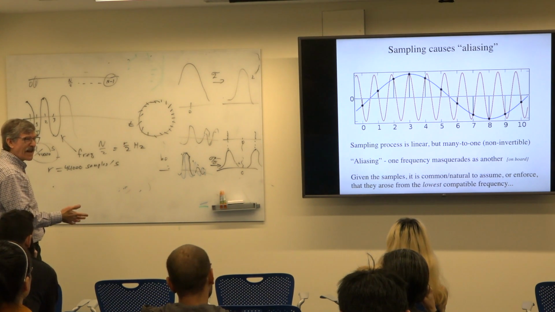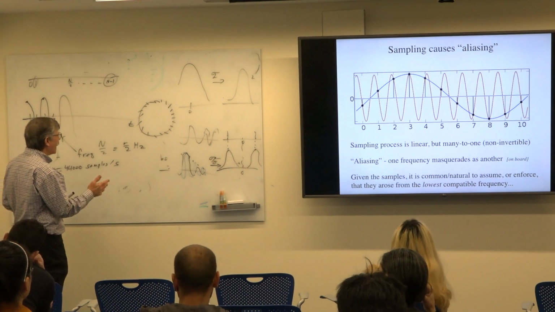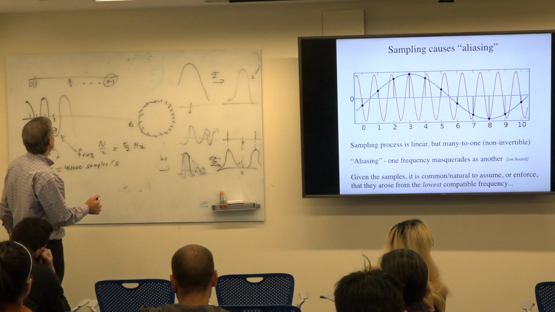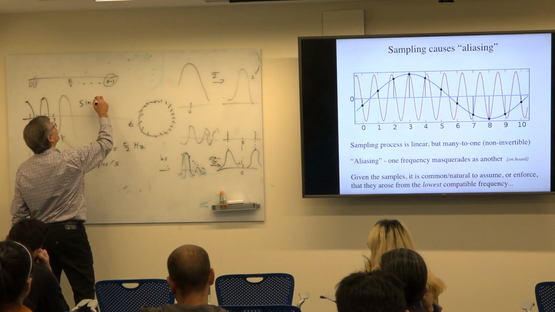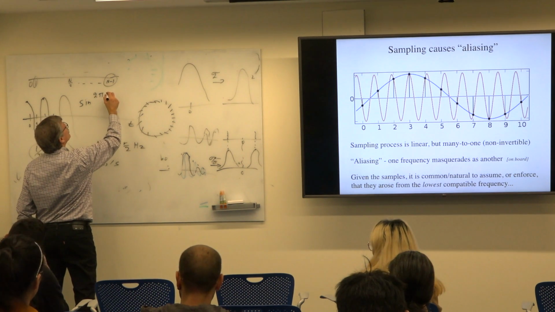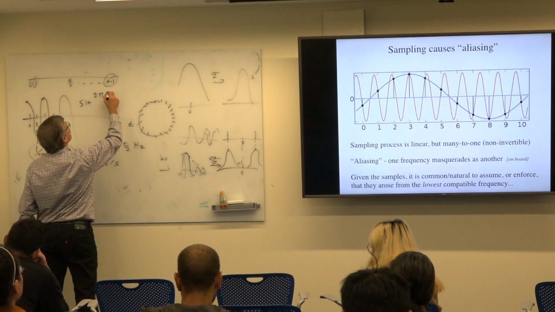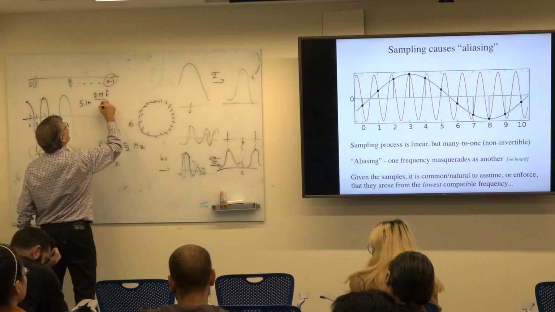And if you just write down the math, I think Arrow did this last time. Is that the sine of 2 pi frequency, so I'll call it f over n times n.